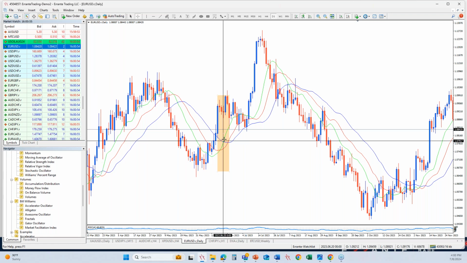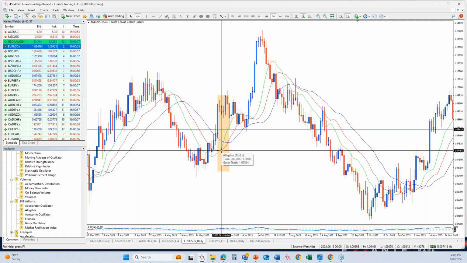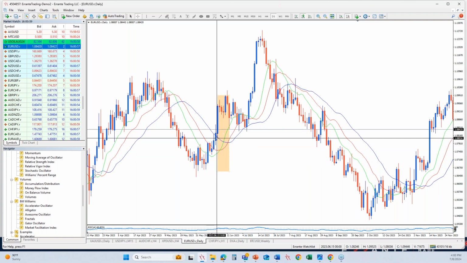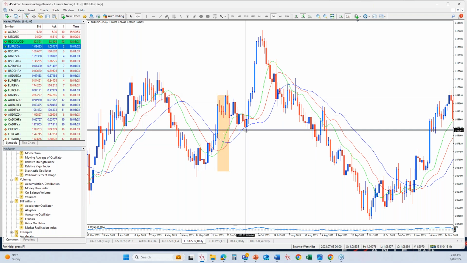Or for example, here you see as soon as the lips cross above the jaw, we can watch the market to find a proper entry. We will discuss it in our next webinar, how to trade the alligator in common trading strategies of different kinds. But here we are going to look only at the implication of the alligator moving averages on our chart.